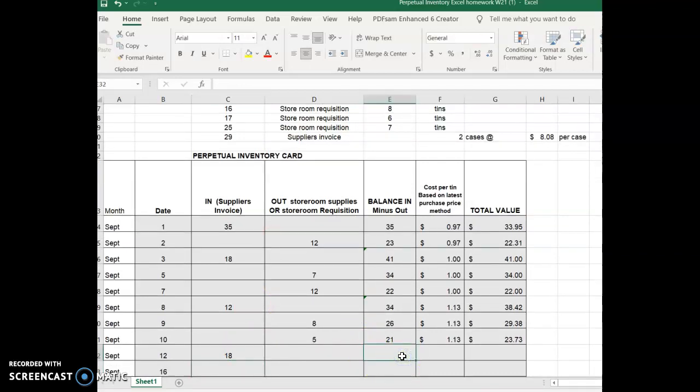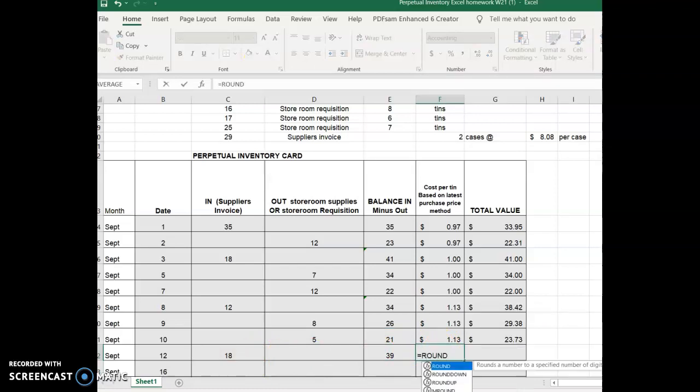So then you want to do 21 plus 18, as we're adding 18 tins to our inventory. And then our new value, always our round feature.